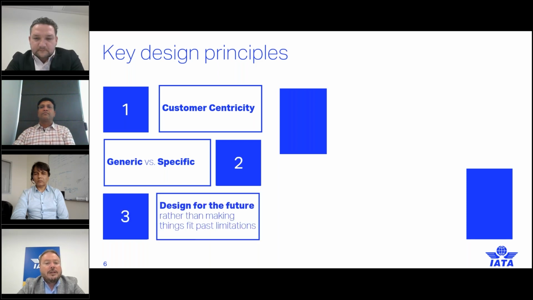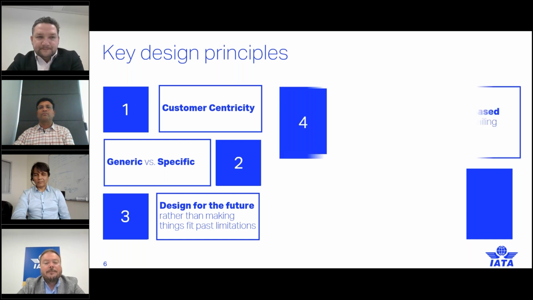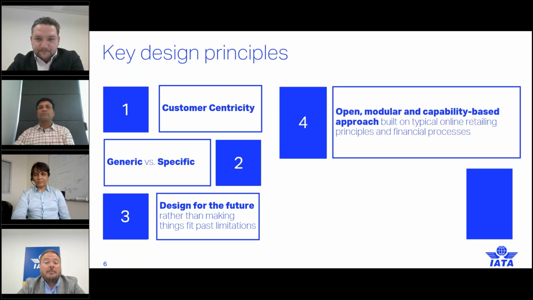Next, it's designed for the future rather than making things fit past limitations. That's about not looking at the constraints of today's environment, but rather at the aspirational view of how the future of offers and orders should look. Then open, modular, and capability-based. I think a lot was said around that as well as we went through this discussion.